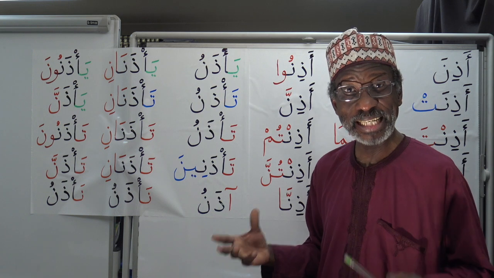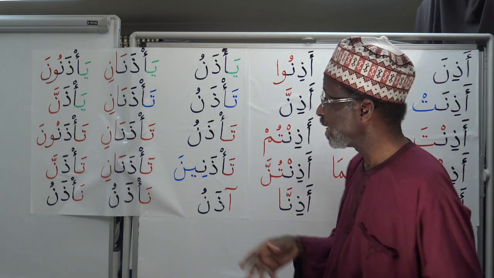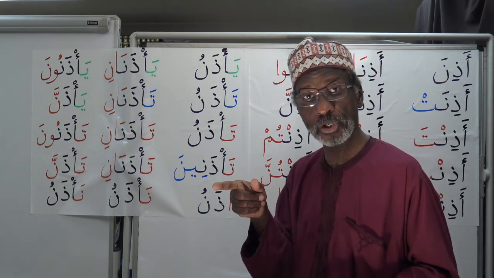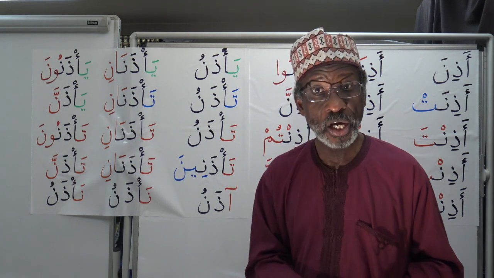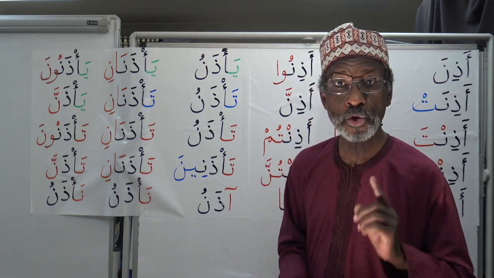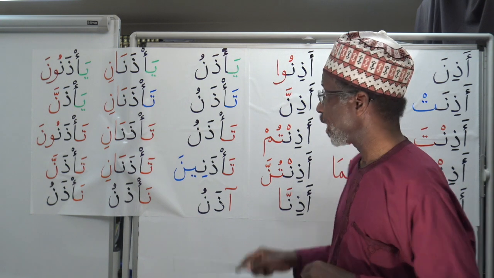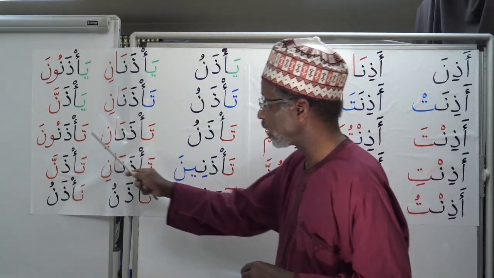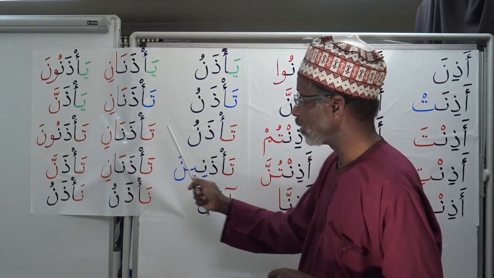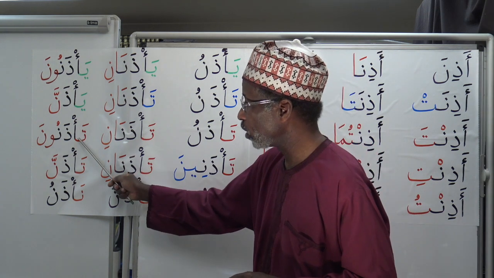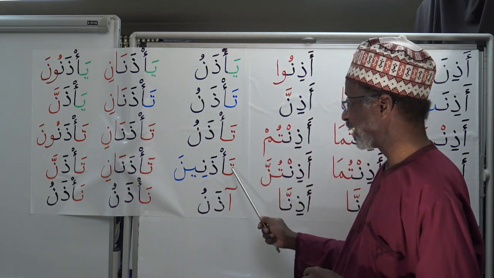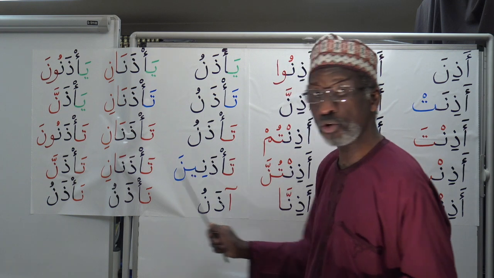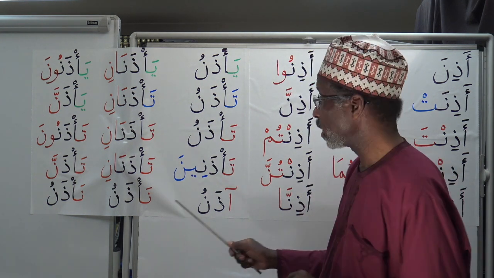Now, in the second person, as you may remember, once you are saying something to somebody in front of you using present tense, you must start with ta. Hence, you have ta for singular male, dual male, and plural for women as well. Ta, so it's across the board for second person, al-mukhatab.